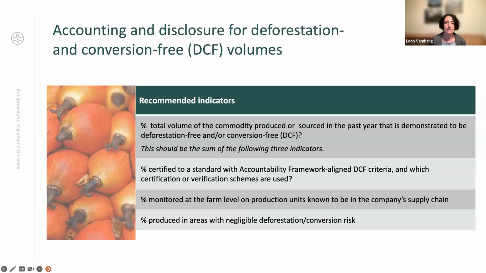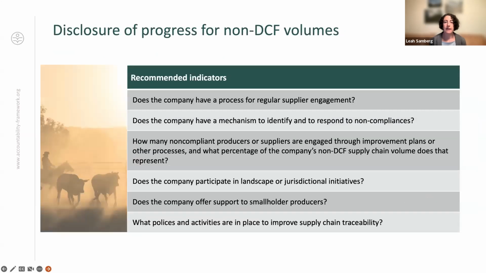Next slide, please. And finally, it's important to recognize that many companies are not going to reach 100% DCF sourcing overnight. This is an iterative process, and therefore reporting on DCF sourcing should be accompanied by reporting on actions being taken to address those non-DCF origins and suppliers.